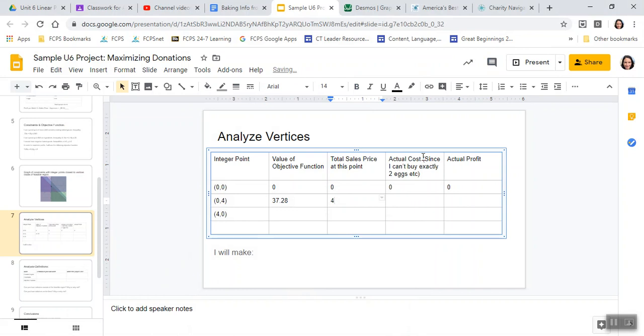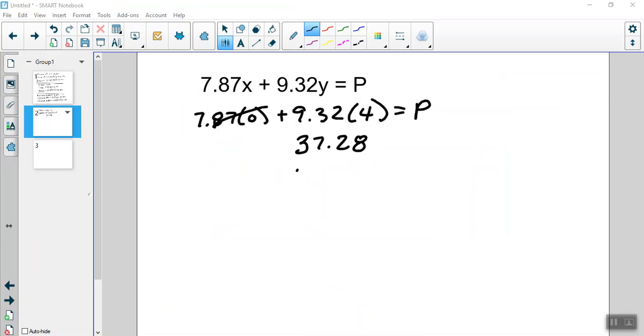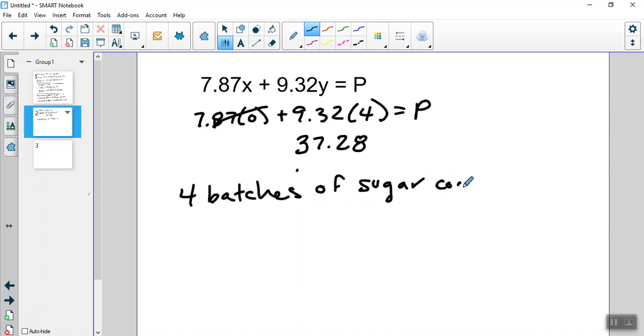And here it says actual cost to make 4 batches. So to make 4 batches, here's what I would need. 4 batches of sugar cookies. I need 4 mixes. And I'm going to need some butter and some eggs.